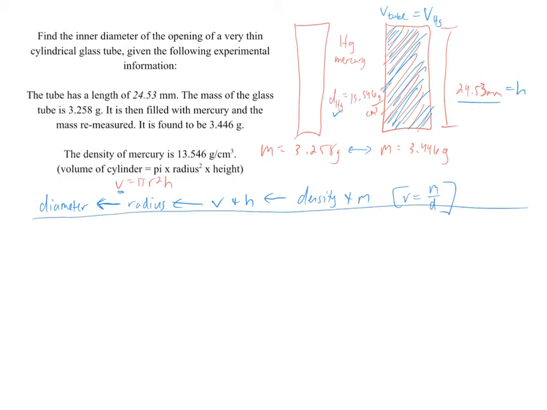So the first thing I'm going to need to do is figure out the mass. I have the mass of these two different scenarios, but not the mass of the mercury itself, so I must take the difference of these two things.